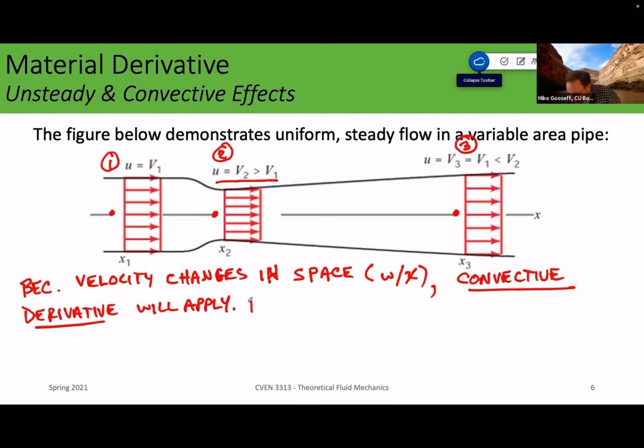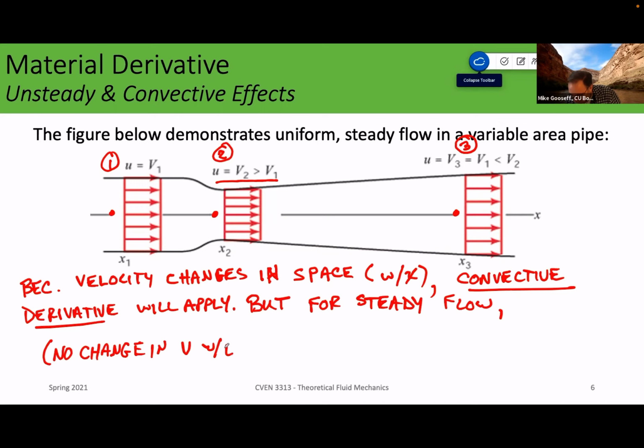However, for steady flow, so steady invokes time, which is no change in V with time, the local derivative does not apply.